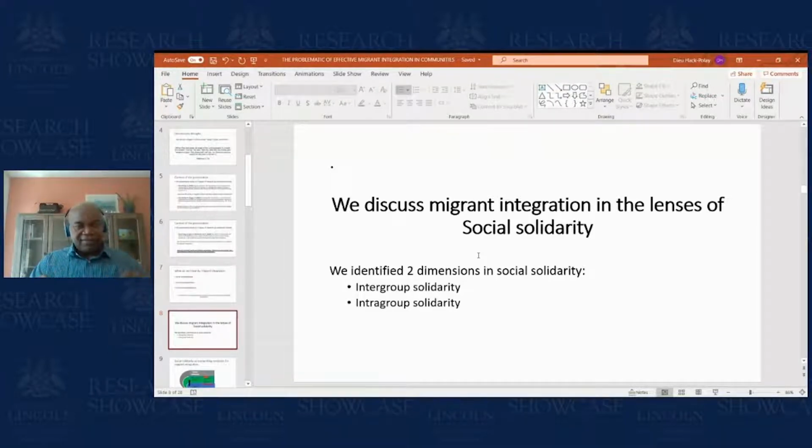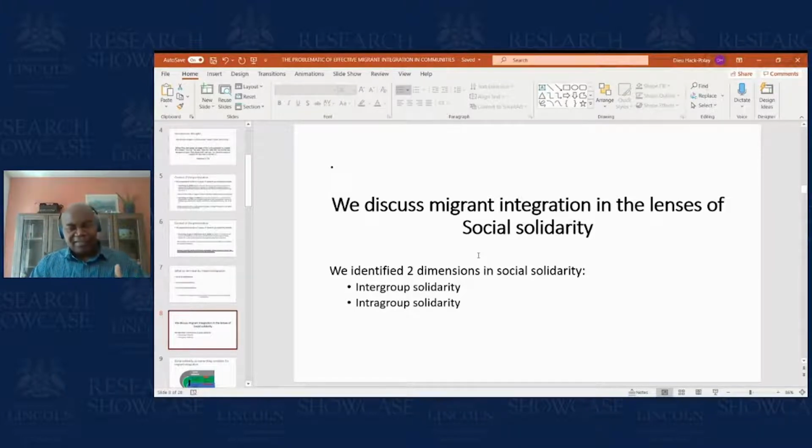We've identified two dimensions of social solidarity, and I'll come back to explain the concept itself. But let's look at some broad frames around the concept. So we've got two notions here: intergroup solidarity and intra-group solidarity.